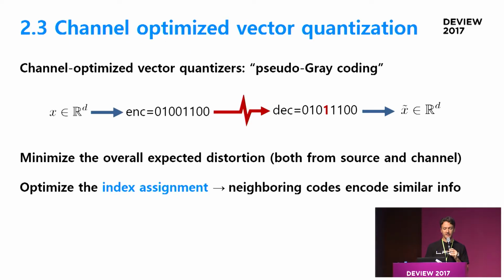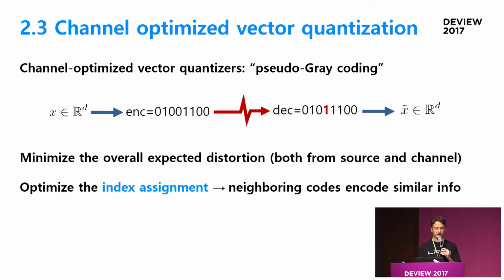The idea of Polysemous codes was directly inspired by work on channel optimized vector quantizers. When you want to encode and transmit a signal, you have two possible sources of distortion. The first one, of course, occurs during the coding itself. You have your vector x, you encode it, for instance, in a binary or in a PQ fashion, and this is a source of distortion.